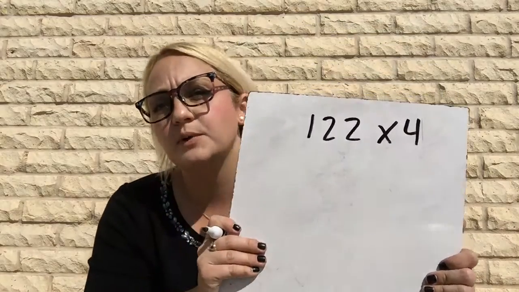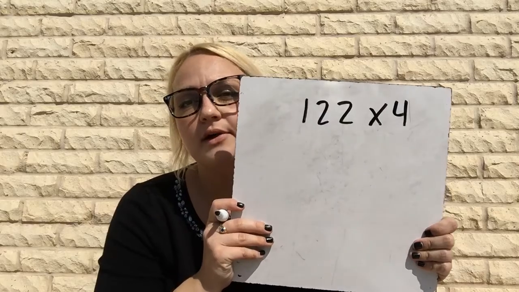Even I have to check it sometimes just to make sure, because these are big numbers that we're working with. So let's try another one, straight from the textbook. 122 times 4. I want you to do this one with me in your math journal.